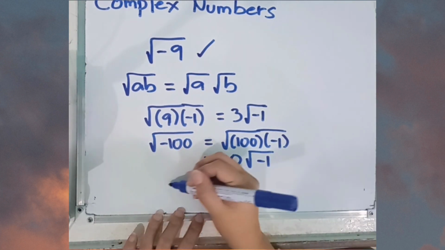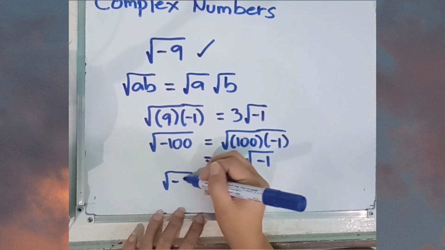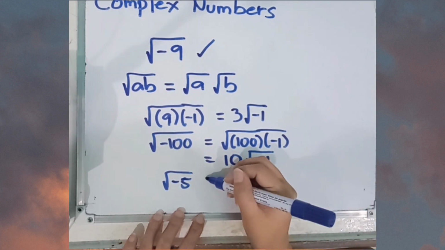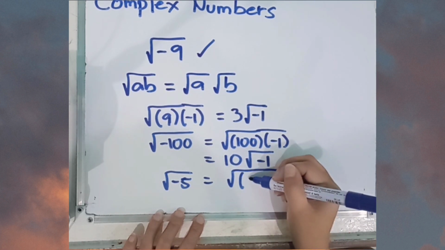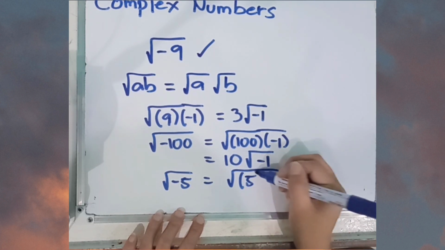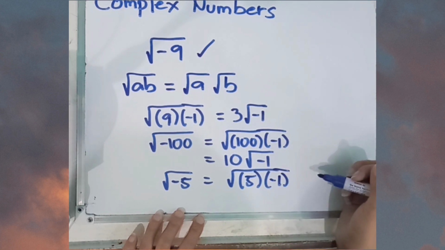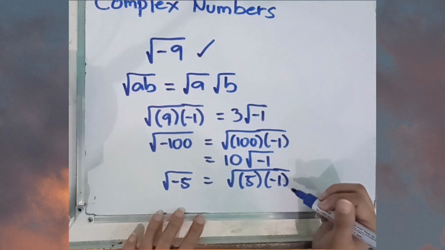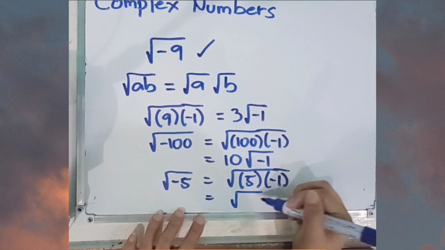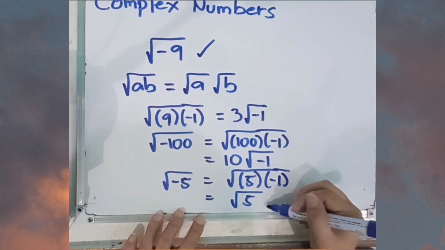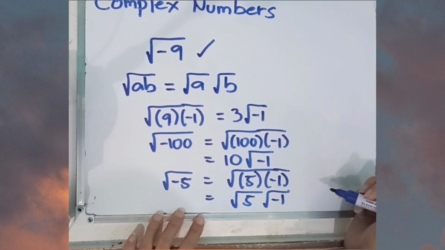Lastly, if we have the square root of -5, we can express that as the square root of 5 times -1. Since 5 is not a perfect square, we can simply rewrite that as the square root of 5 times the square root of -1.